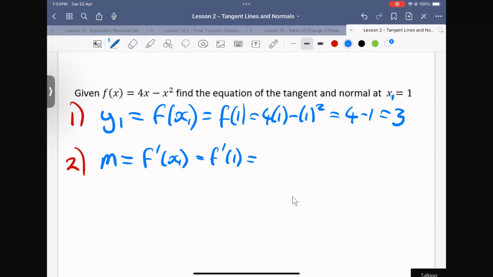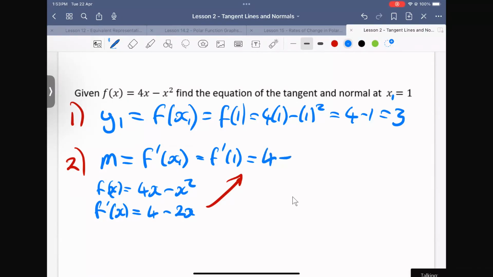If f of x is equal to 4x minus x squared, then the derivative is equal to 4 minus 2x. So let's stick that in up here. We need 4 minus 2x. So 4 minus 2 is 2.